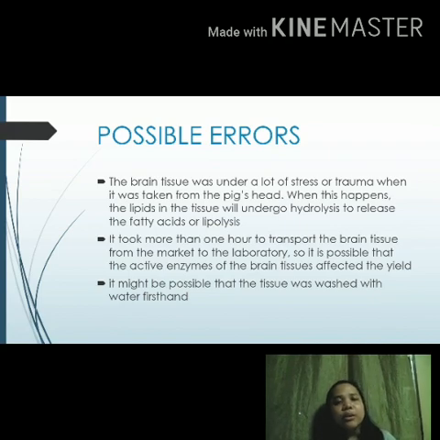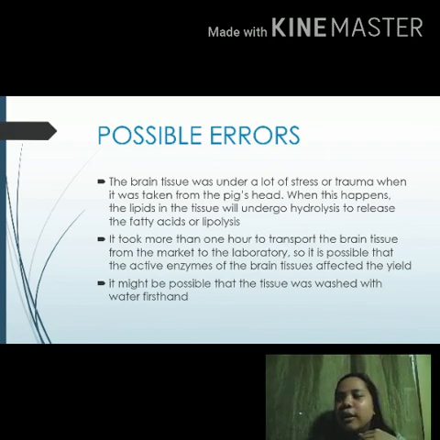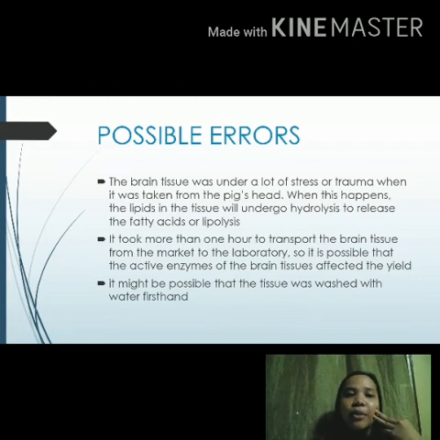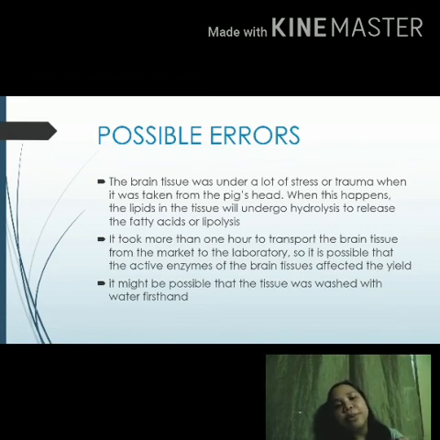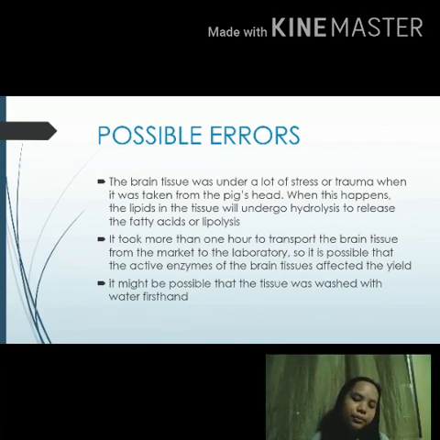Also, we must consider that we took 3 kinds of lipids, and aside from them, there are also triglycerides and other kinds of lipids present in the brain. So the yield was reasonable but not perfect. So as a recommendation, in future experiments, these factors must be taken into account.